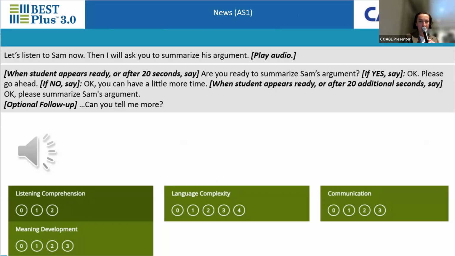And that is often a tricky task for an LEP student to do, even at a higher level, because they have to summarize what somebody else says instead of providing their own point of view on the topic. So if they understood the directions and what Sam said, the next part is for them to summarize it. And then they're scored using all 4 categories here. And you see the extra rubric category appears, meaning development.